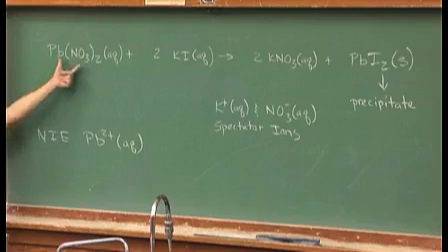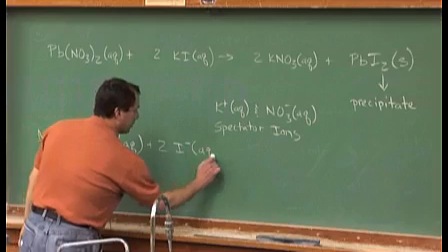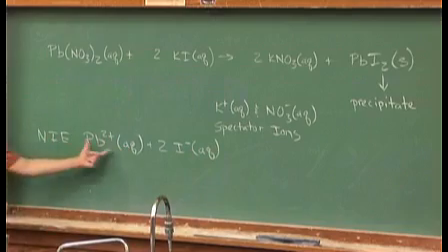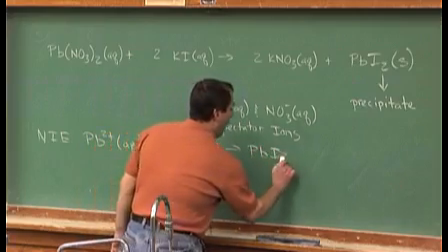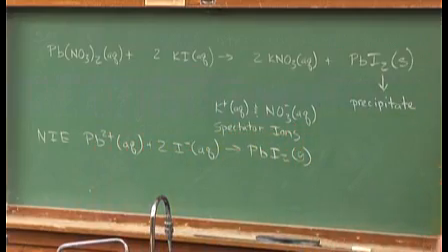It is 2 plus because each nitrate is -1. Gets together with a couple of iodides. The iodides are aqueous. They're floating around in solution. They were put in there with potassium, but now they get together and form the solid PbI2(s), the solid lead iodide.